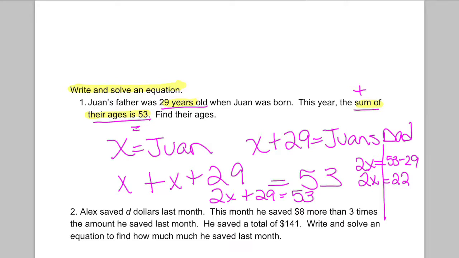Oops, sorry, my bad. 53 minus 29 is not 22. That's a silly math mistake. It's 24. So divide both sides by 2. X equals 12, so that means Juan is 12, and then Juan's dad is 12 plus 29.